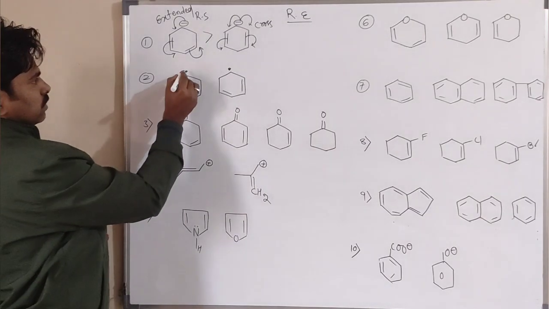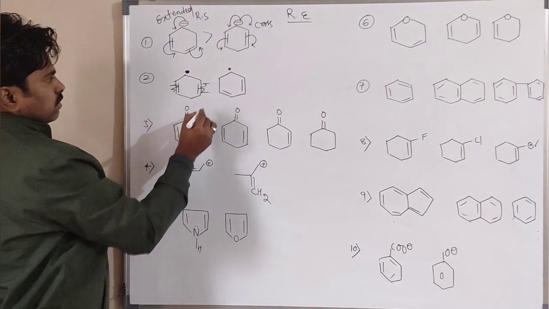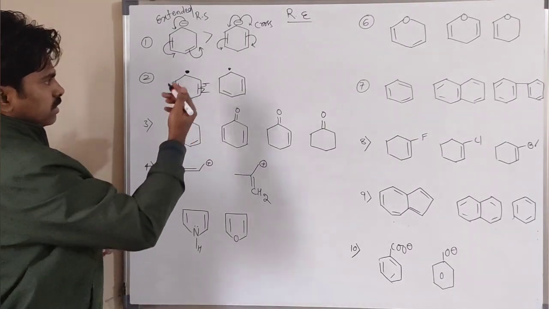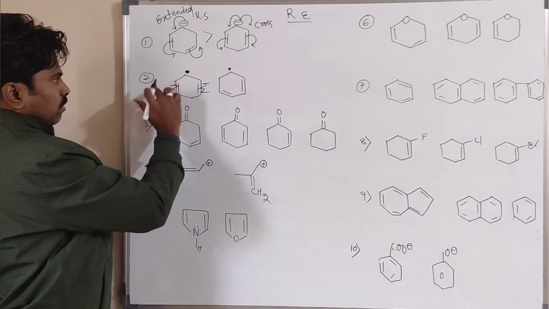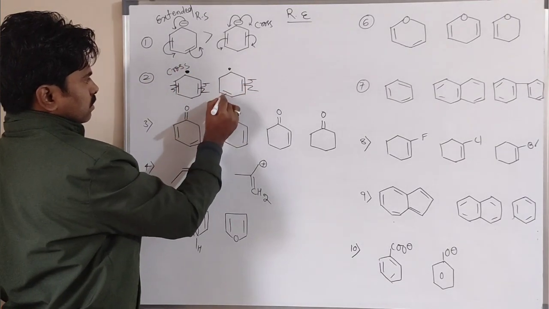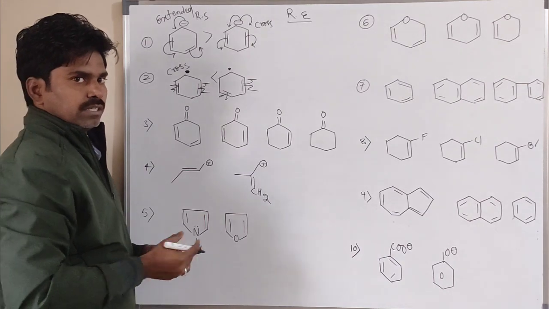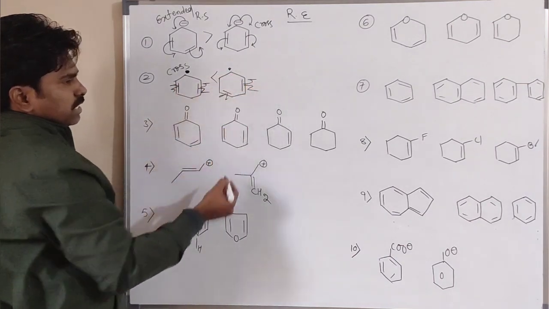Right. Come to the next example. Now this free radical is homolysis of the double bond. At the same time, here is cross homolysis, and here continuous homolysis. So continuous is better than cross. This is the cross, this is the extended resonance.